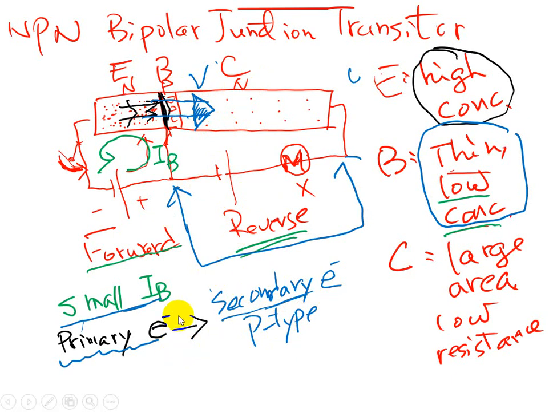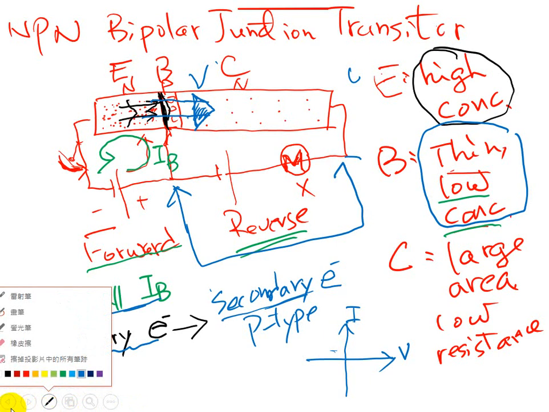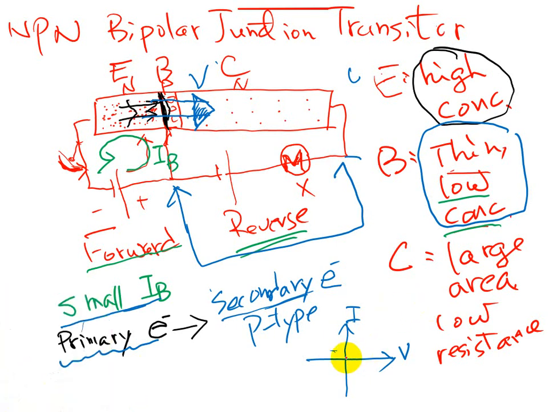And remember, as we mentioned, primary charge carriers will contribute to your current here, but at the reverse bias area you have a very small current coming through.